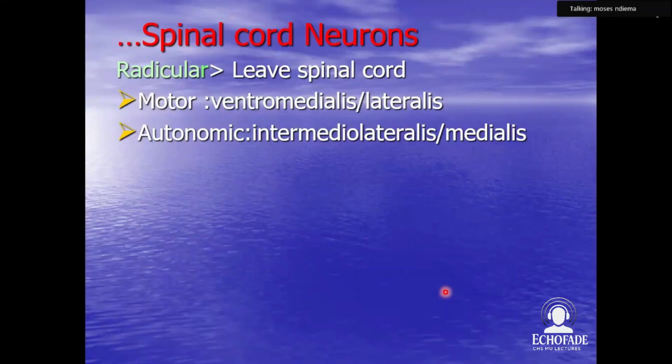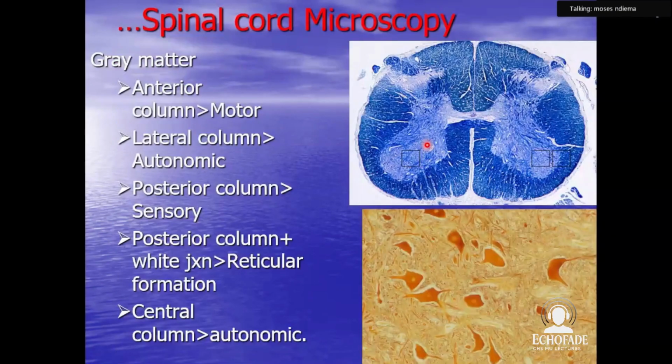We have the autonomic, and the autonomic originate from the intermediolateral and intermediomedial columns. If you remember when we talked yesterday, we talked about the sulcus limitans. Sulcus limitans was separating the ala from the basal plate.